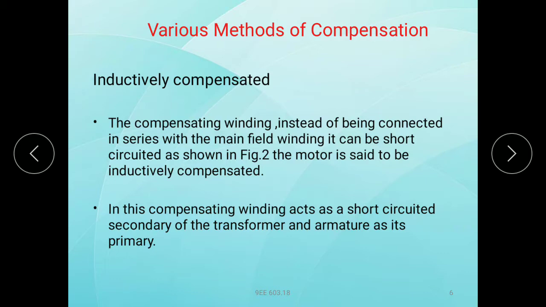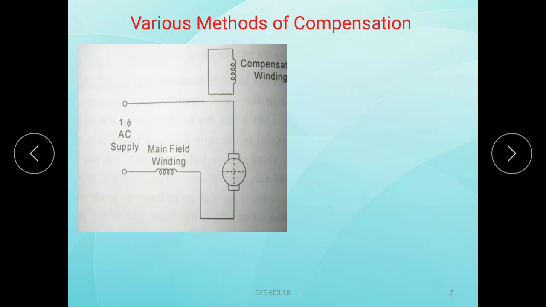See here, this is the compensated winding and this one is the main field winding.